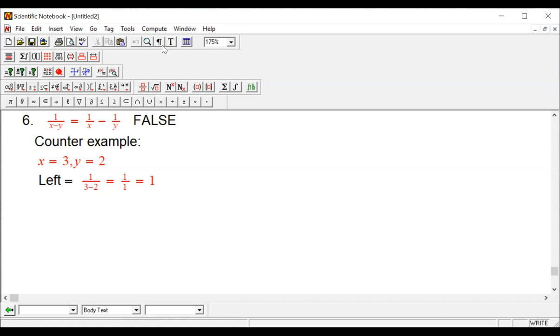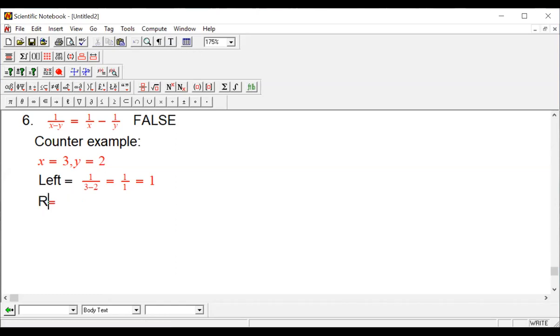The right-hand side, right? Let me try to use them in the same similar format.